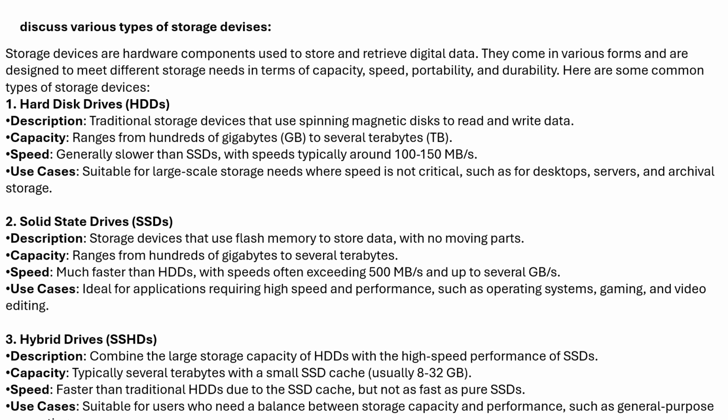Coming to the speed, it's faster than traditional HDDs due to the SSD cache, but not faster than a pure SSD. Use case: suitable for users who need a balance between storage capacity and performance, such as general purpose use.